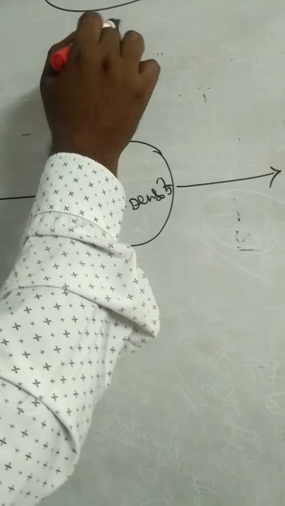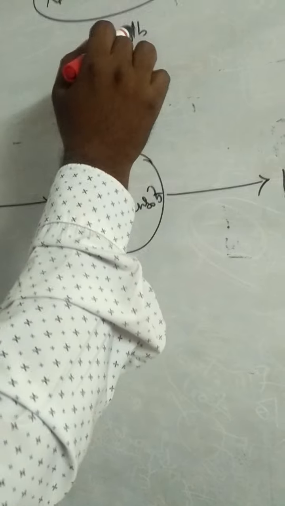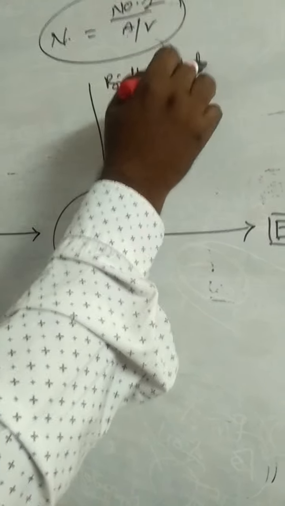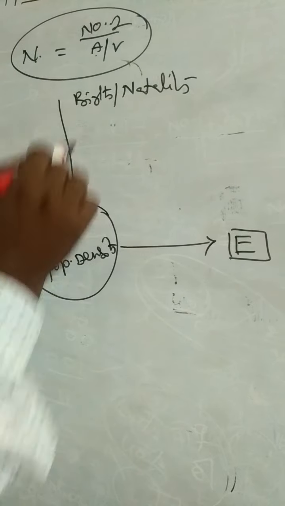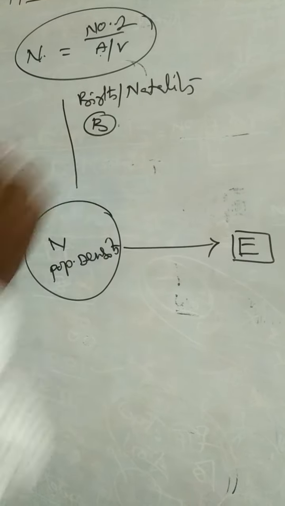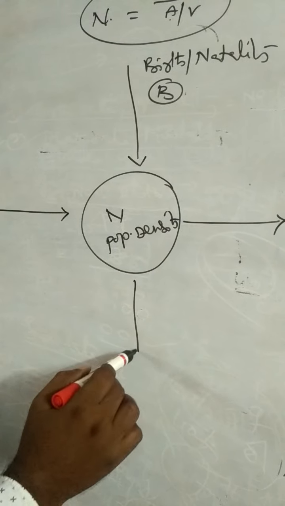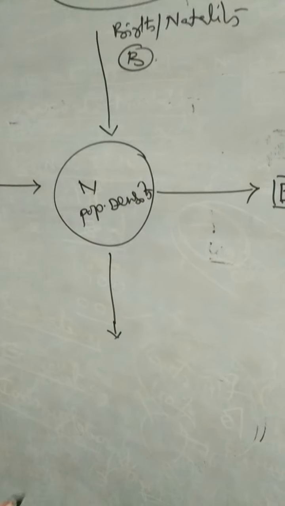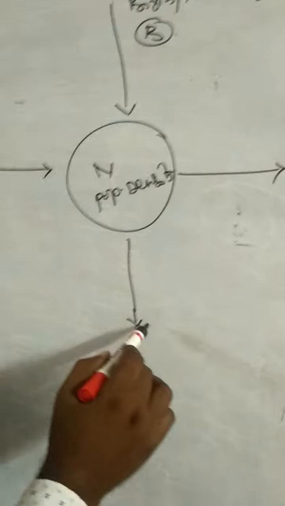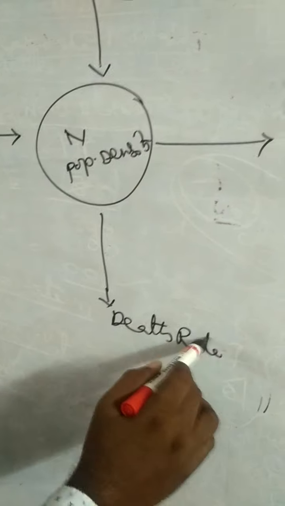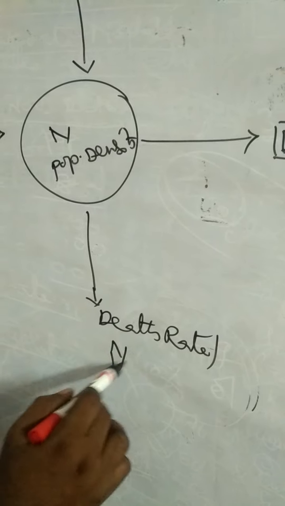That is birth rate or natality. This is B. And in a population, some of the individuals die. That is death rate or mortality.